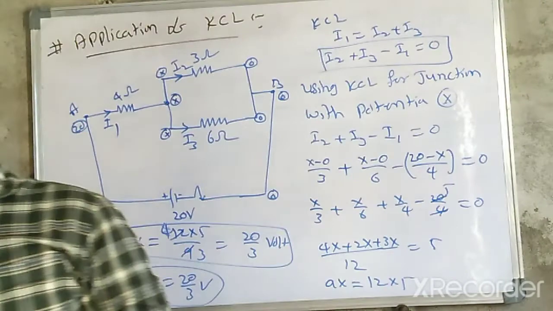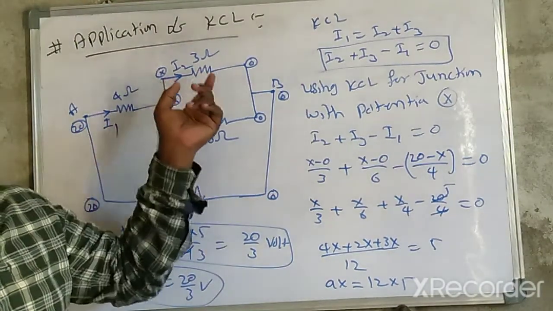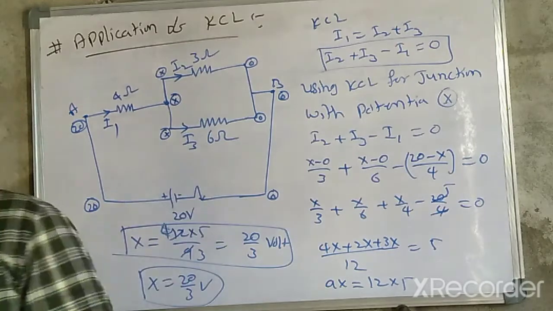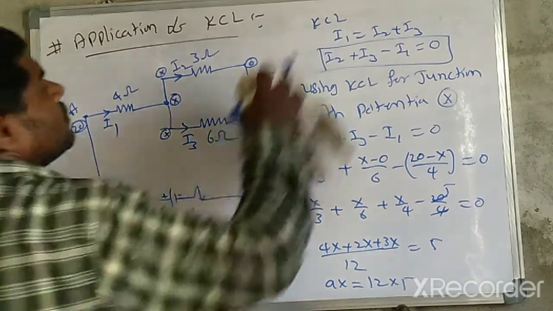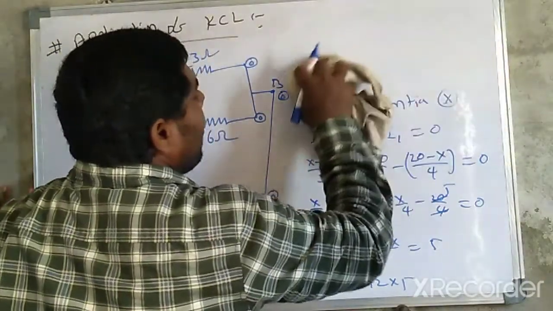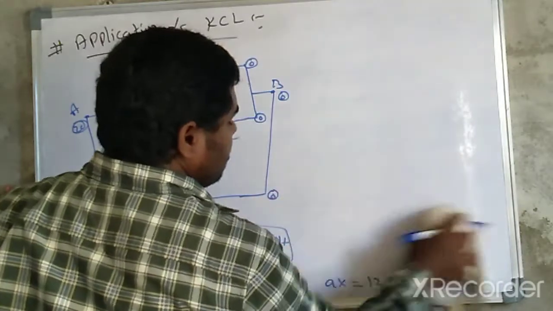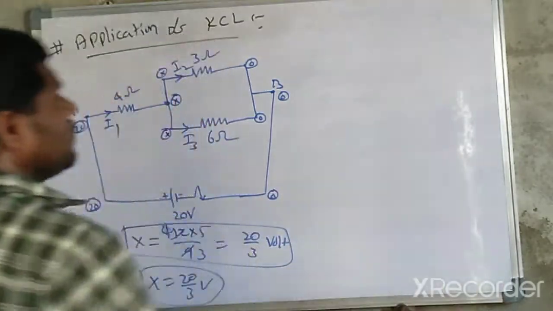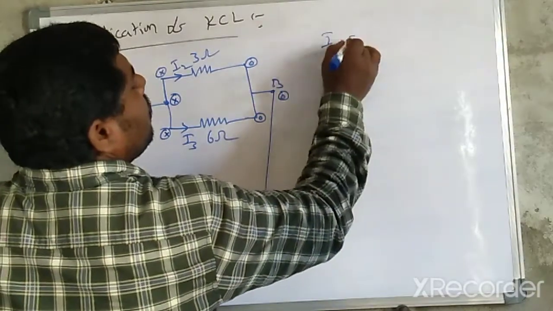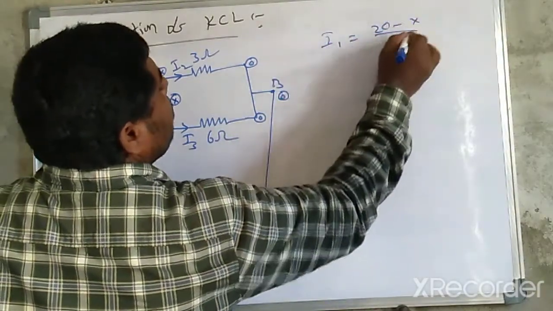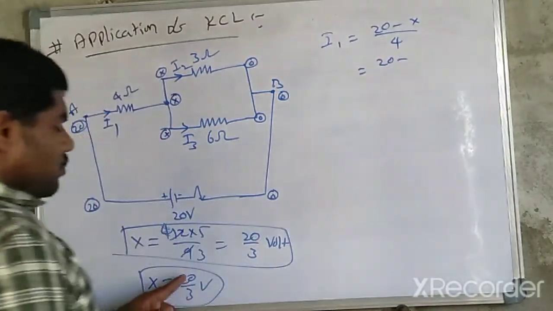Once you know the junction potential, you may find the I1 current, I2 current, I3 current. So how to find I1, I2, I3? See here. I1 is equal to the potential difference divided by that resistor. So I1 is equal to 20 minus X divided by 4. 20 minus X is nothing but 20 minus 20 by 3.